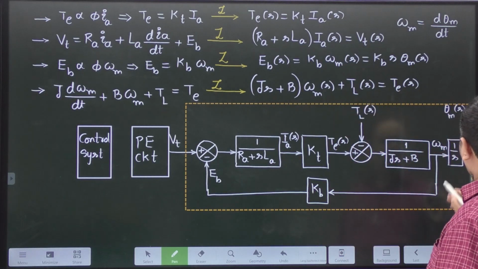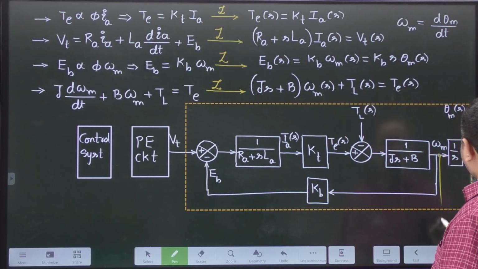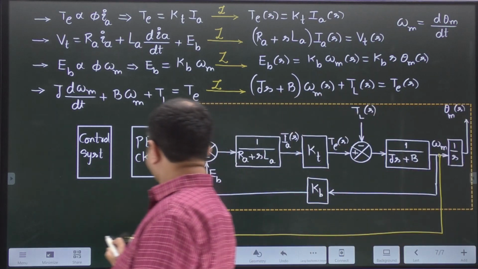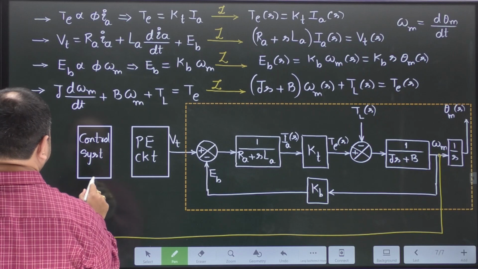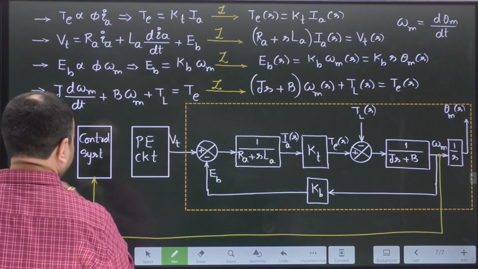So what are the actual values? These are speed.